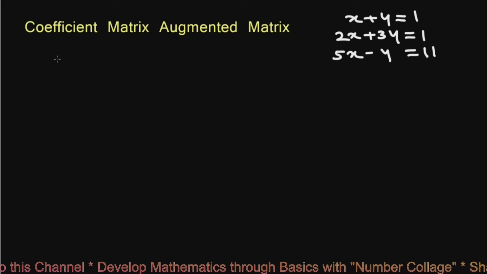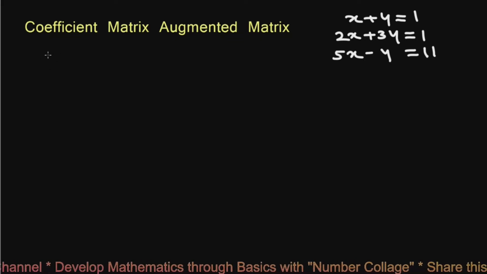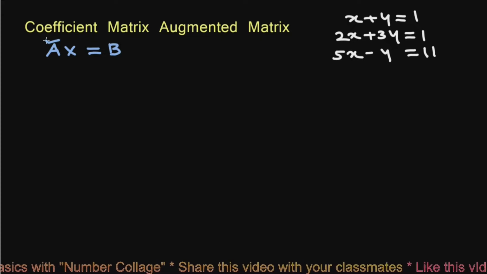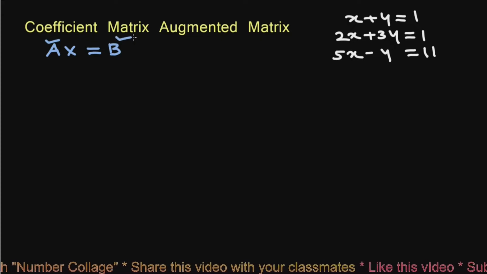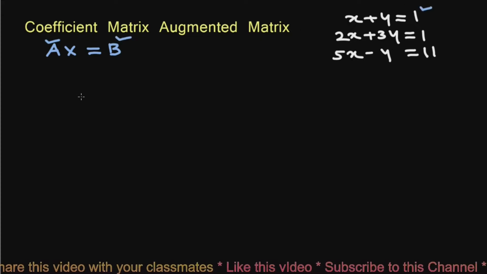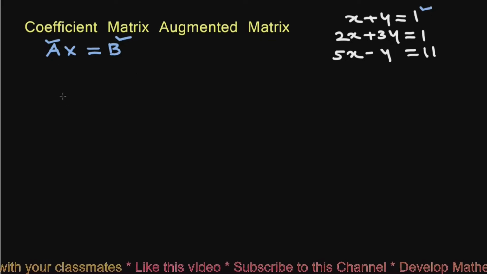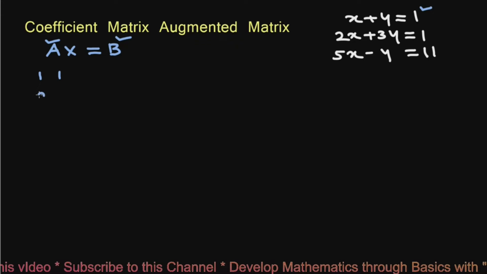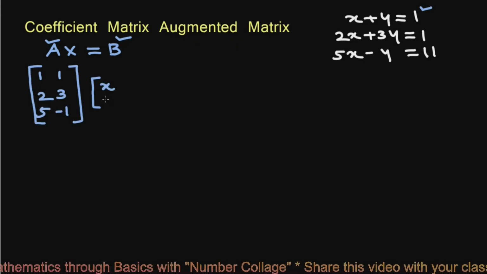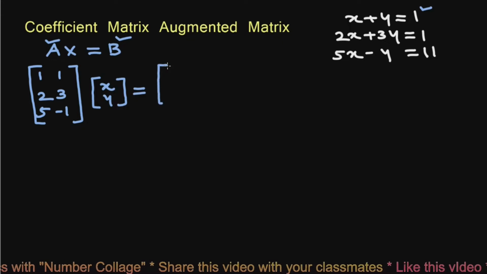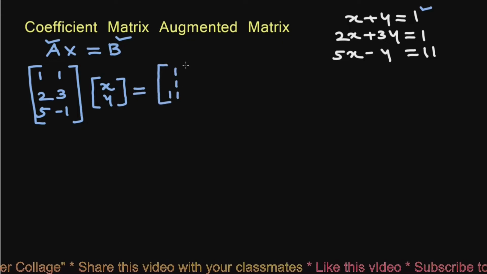We write these equations in the matrix form as Ax equals b, where A is the coefficient matrix and b is the matrix of the constants. So we write these 3 equations in the matrix form as [1 1; 2 3; 5 -1] times [x y] equals the matrix of constants [1 1 11].